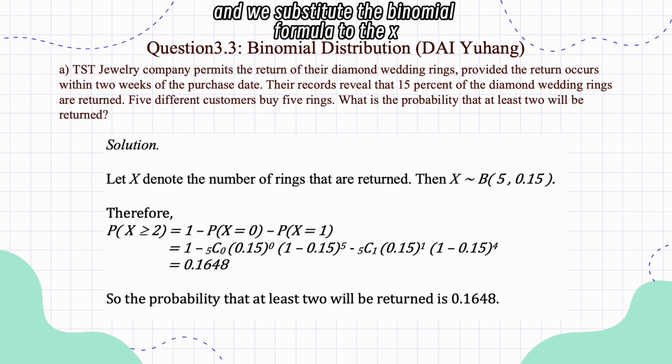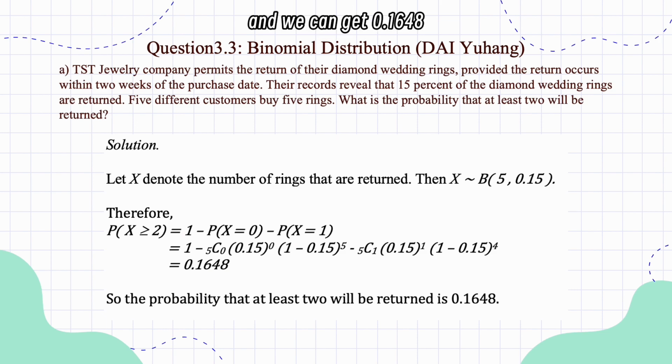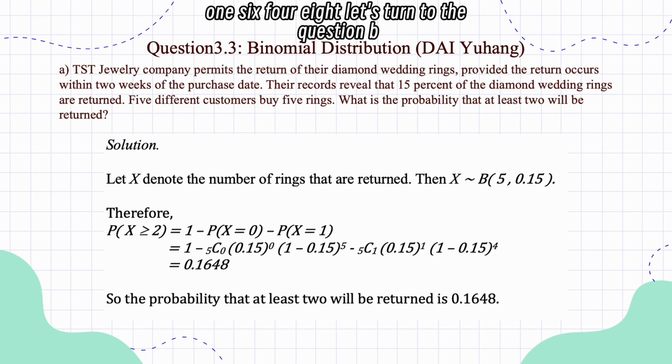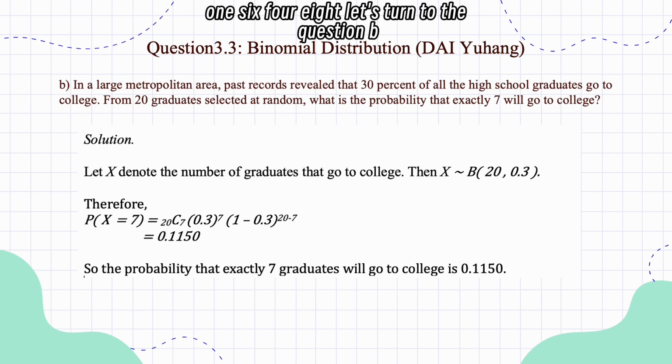We substitute into the binomial formula, and we get 0.1648. So the probability that at least 2 will be returned is 0.1648.